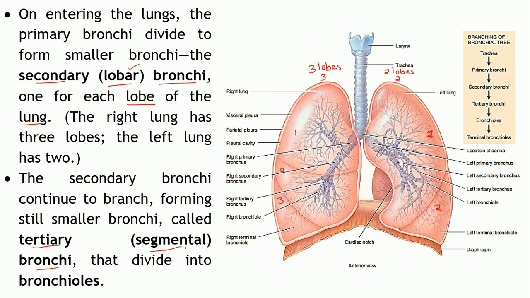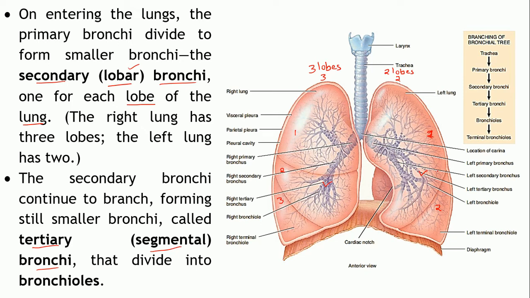That's the third order of division, which is why it is called the tertiary bronchi. That's an example of a right tertiary bronchus, and that's an example of a left tertiary bronchus.